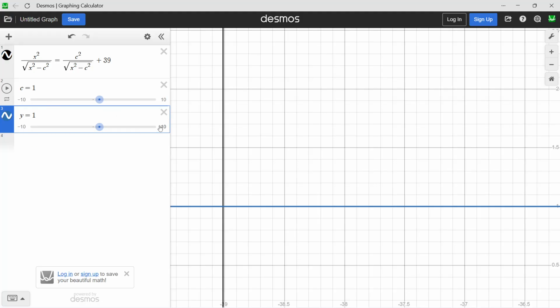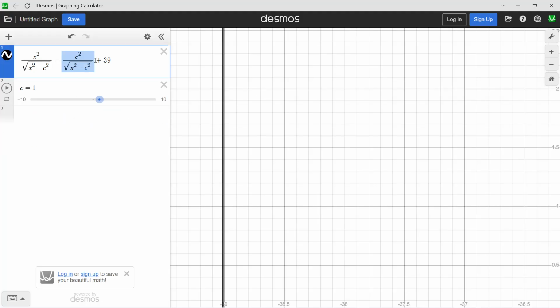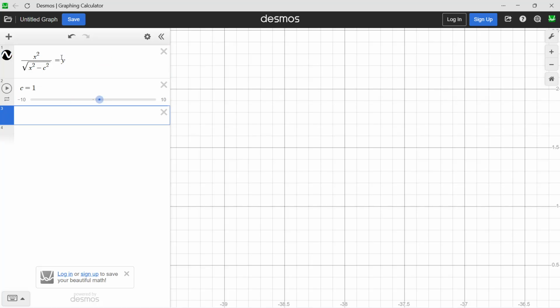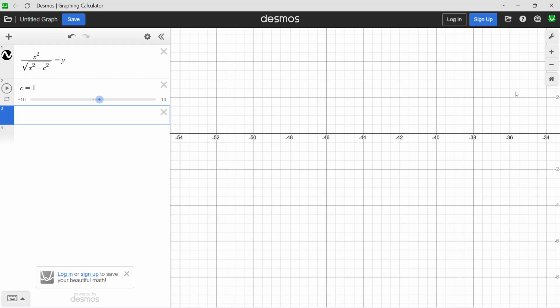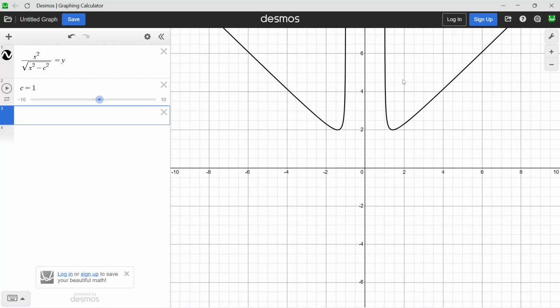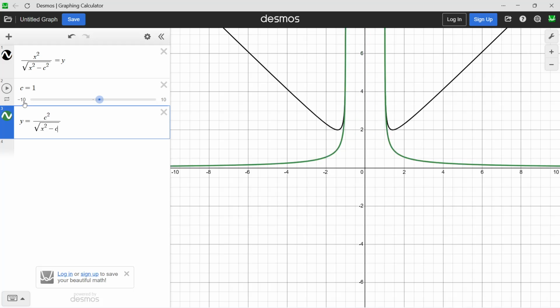So I'm going to separate this into two halves. I'm going to take this one and go like that, and then that should show me that equation somewhere. If I go back home, there, that's that equation. And then I do y equals c squared divided by, of course, the square root of x squared minus c squared, plus 39.